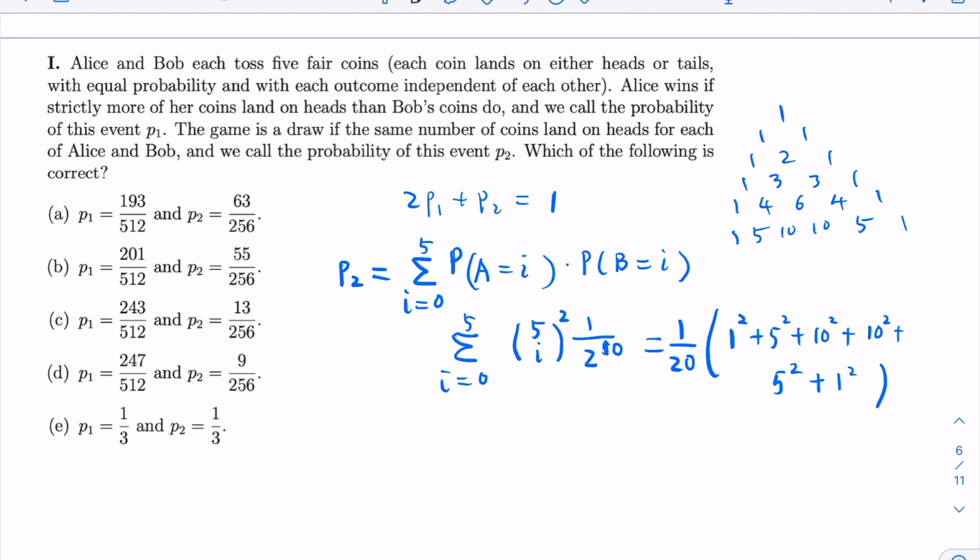Okay, so that's equal, so not 20, this is 2 to the 10th power. It's not 20, okay? That's 2 to the 10th power.